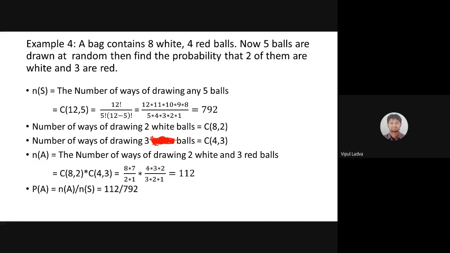How many of you are able to get this particular solution? Yes, sir. Clear, sir. Okay. We'll take the help of one of you.